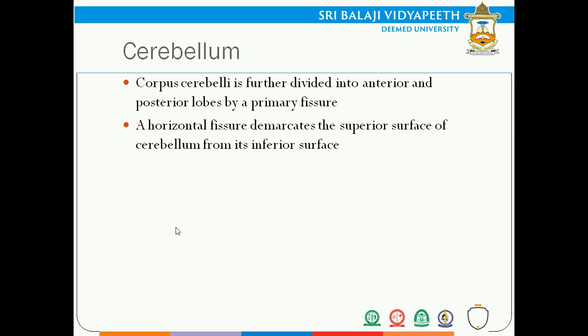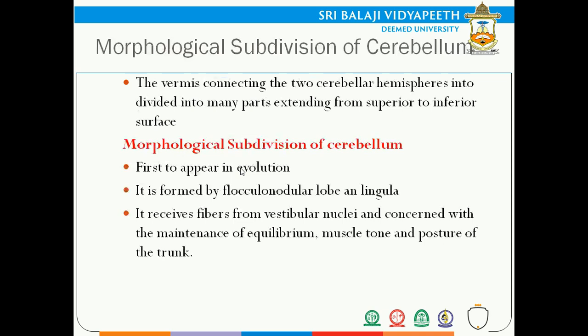This is the reason why we said the cerebellum has three lobes separated by two fissures. A horizontal fissure demarcates the superior surface of the cerebellum from its inferior surface.